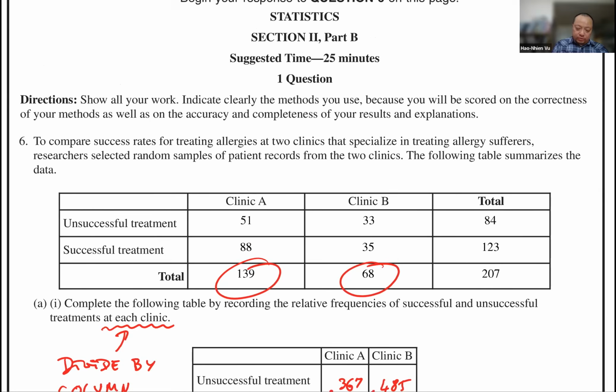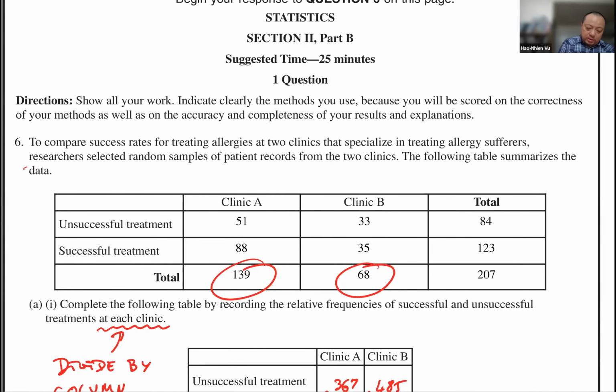What did the researchers do? They selected random samples of patient records. All they did was go in and ask to see copies of files. They copy down the number of successful treatments and the number of unsuccessful treatments. It's an observational study, and more specifically, it's a cross-sectional observational study.